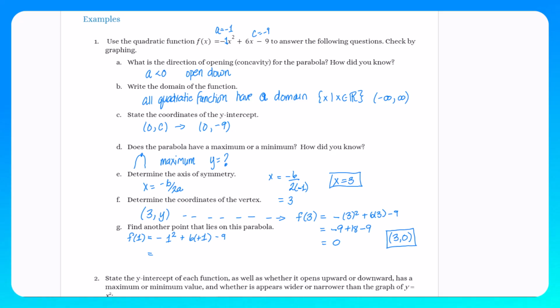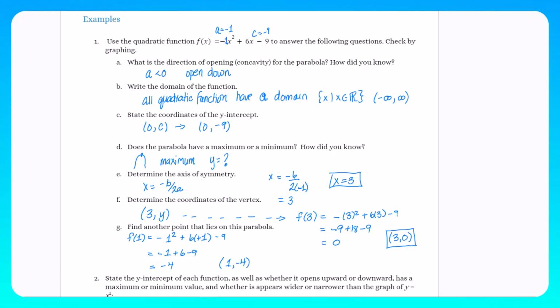Because the 2 only applies to the 1, this is actually negative 1 plus 6 times 1 is 6, minus 9. And that is going to give us negative 4. So another point that lies on this graph is going to be 1 and negative 4.